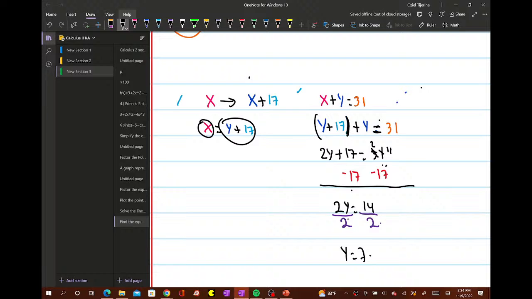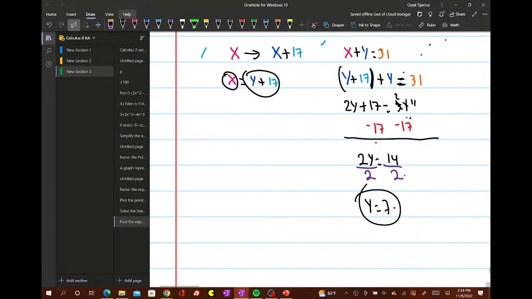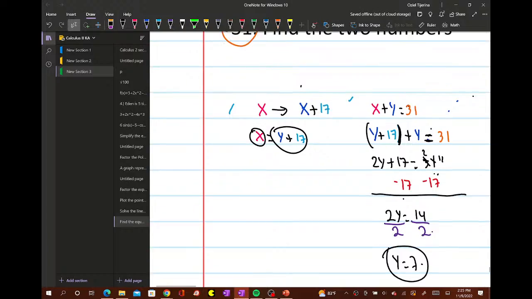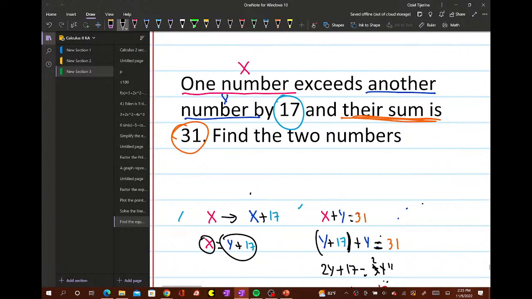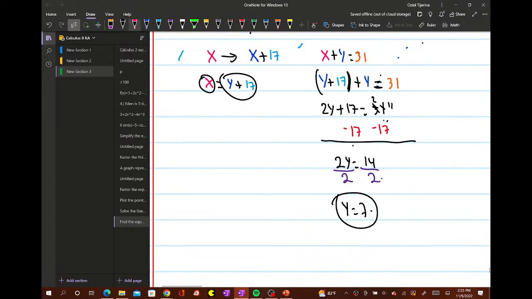So we have y equals 7, so that's one of the numbers. And then the other number, we know that their sum is 31. So x plus y is 31, meaning x plus 7 is equal to 31.